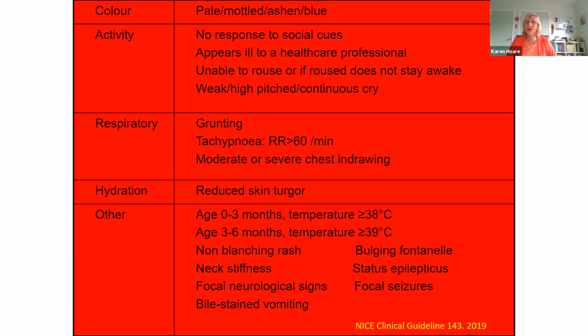Temperatures are not a concern except in babies less than 3 months old. So between 0 to 3 months, a temperature of more than 38, the baby needs to be sent for review by a pediatrician. 15% of babies with a temperature above 38 degrees have serious infection, sepsis.